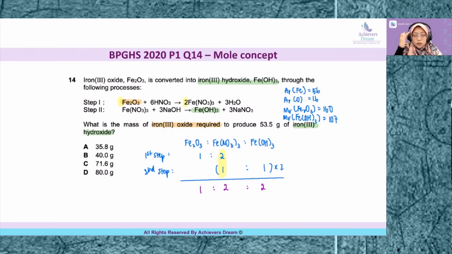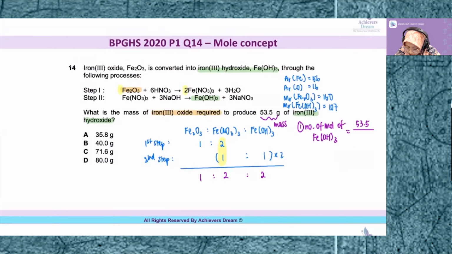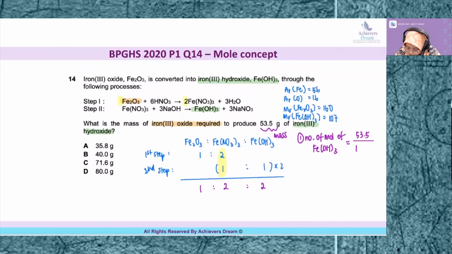So with the mole ratio already determined, let's attempt the question. The information that you are given is the mass of iron 3 hydroxide. You need to find the number of moles of iron 3 hydroxide by taking the mass, 53.5, divided by the MR of iron 3 hydroxide, which I've already calculated to be 107.